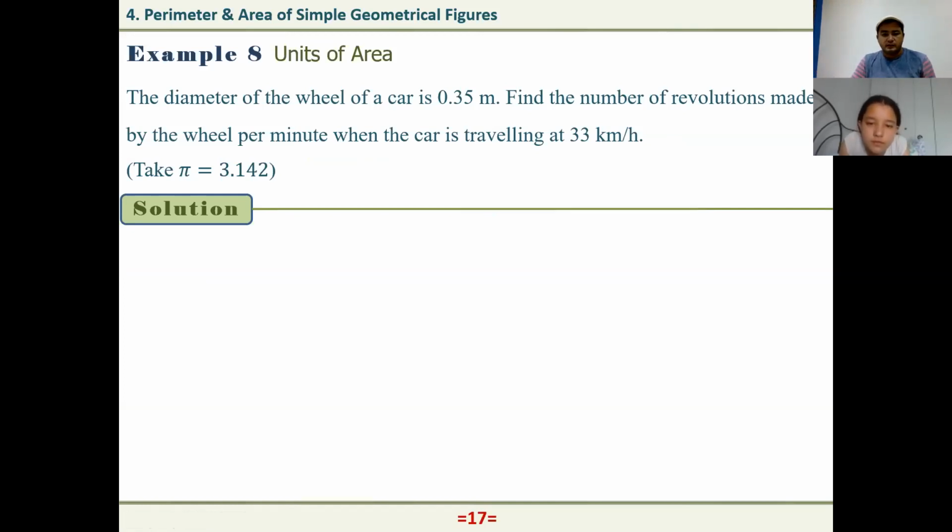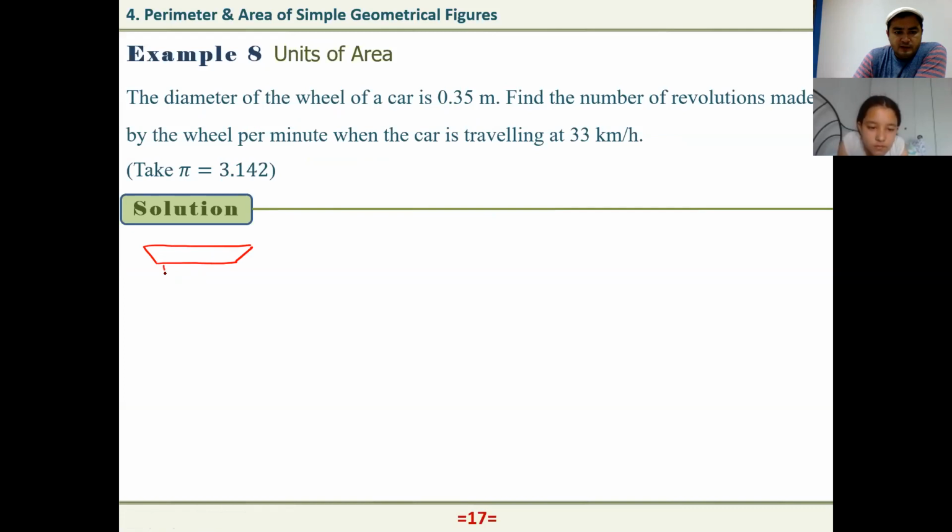It is a good question, and you're going to see this kind of question a lot in the future because in almost every book they have this kind of question. So it says that the diameter of the wheel of a car, right, is 0.35 meters. So we are talking about a kind of car.